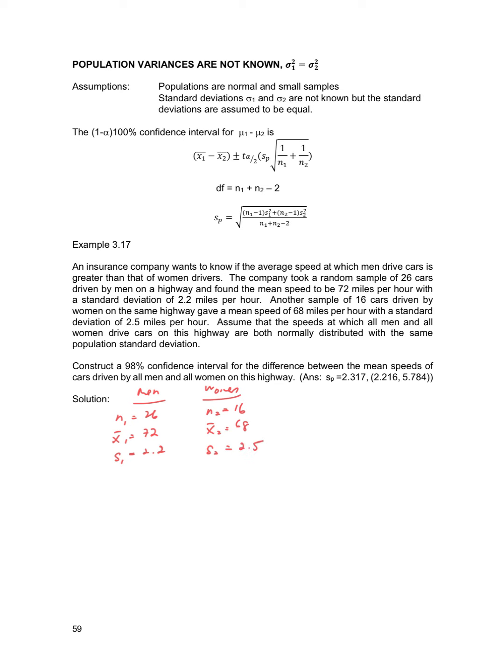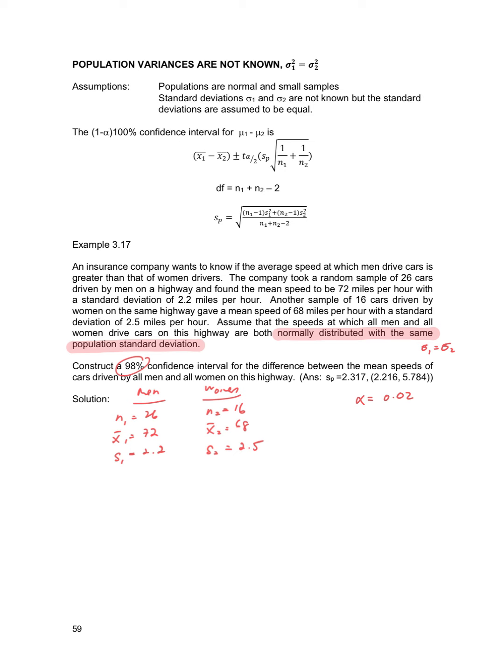Okay, since it was stated here, the populations are normally distributed with the same population standard deviation, meaning that sigma 1 equals sigma 2. So the value of alpha here is alpha equals 0.02.